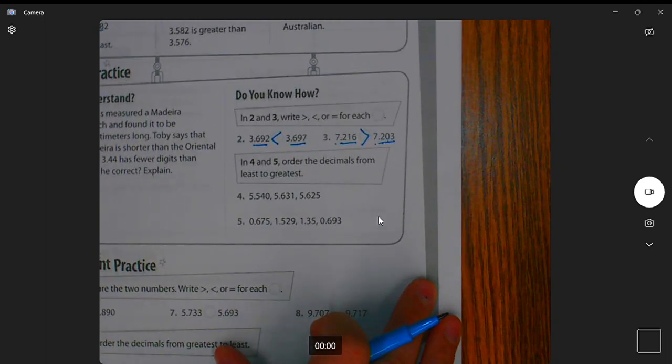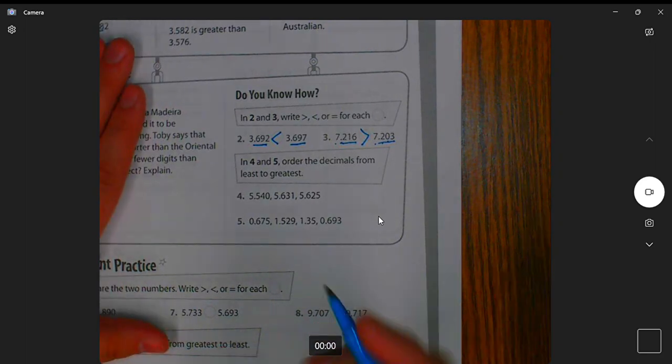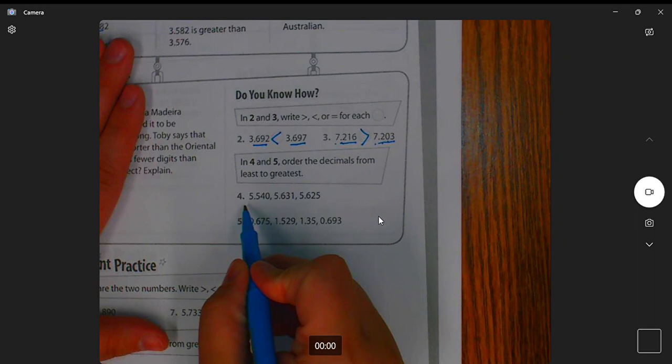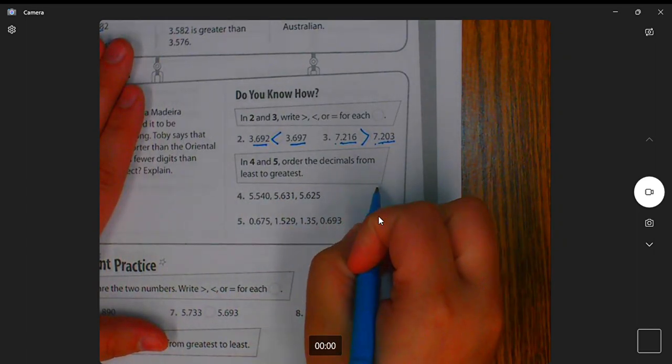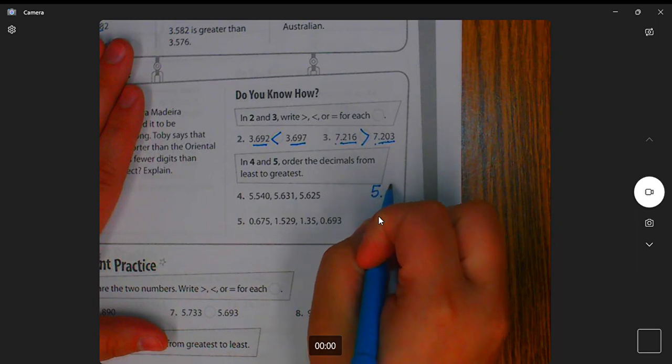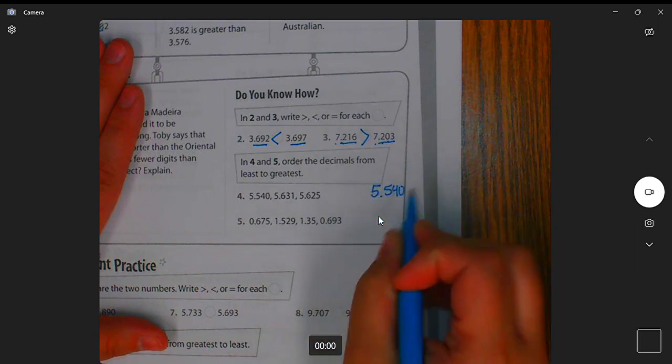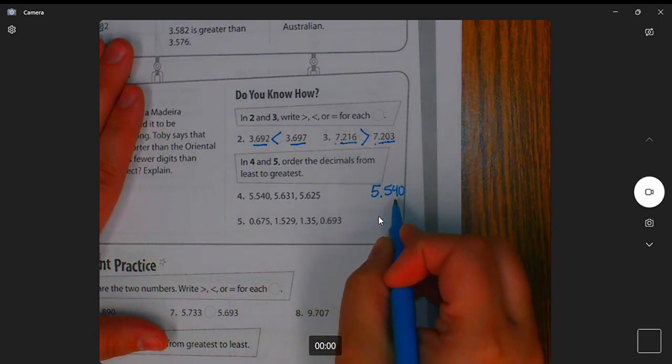Very good. All right, now we're going to look at how to order decimals from least to greatest and from greatest to least. We're going to look at both ways. When I start trying to order them from least to greatest, I'm going to write them out. So I have 5.540, 5 and 540 thousandths.